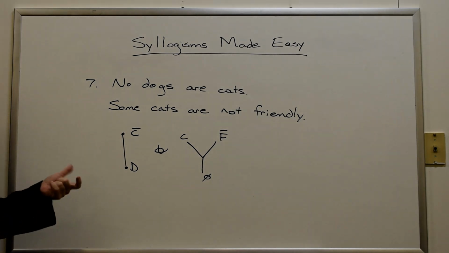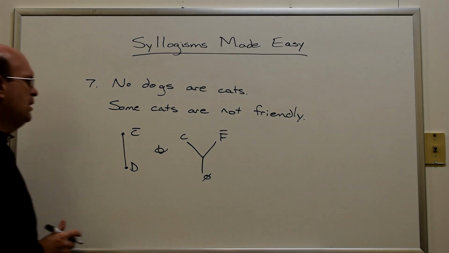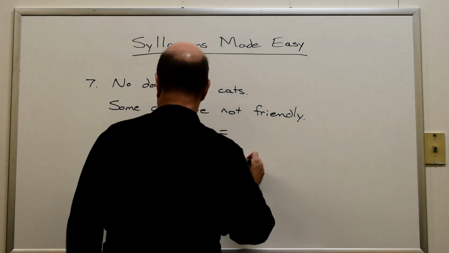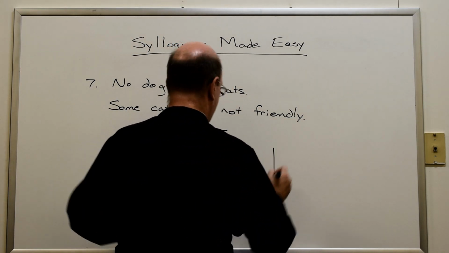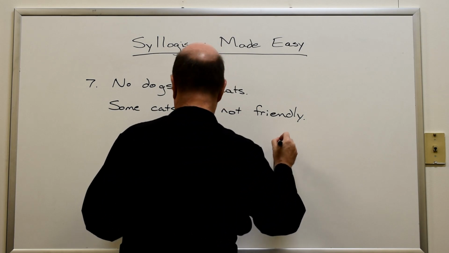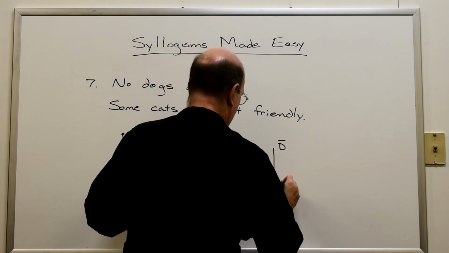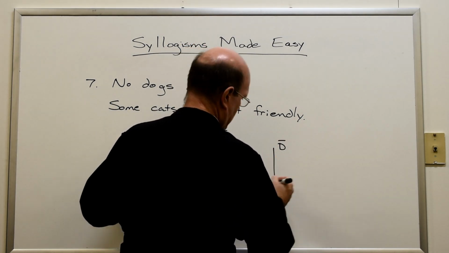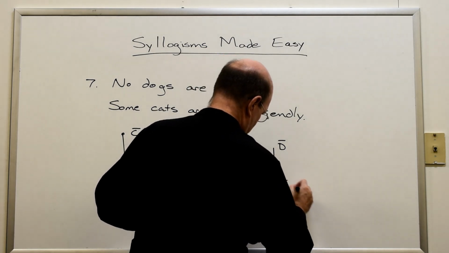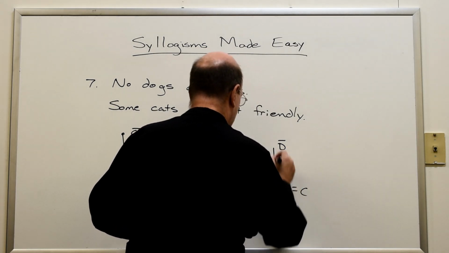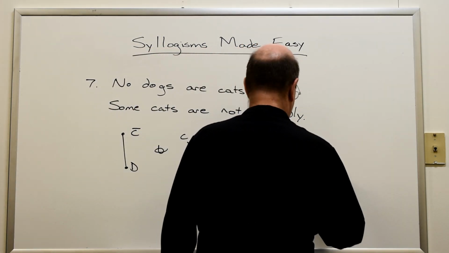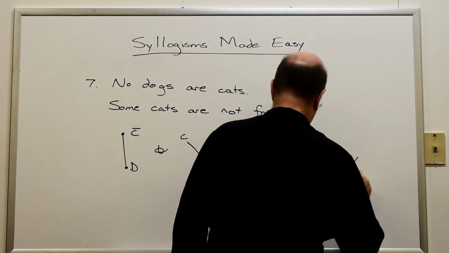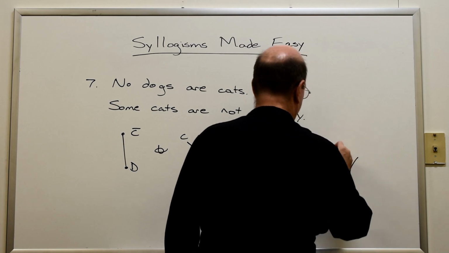You flip the labels and negate. So I can say that that's equal to the system whereby I flip these labels and negate them, so the D goes up and gets a negative. The C comes down and gets a double negative, which takes it back to C. And then I have my diagram here as before with C and F.